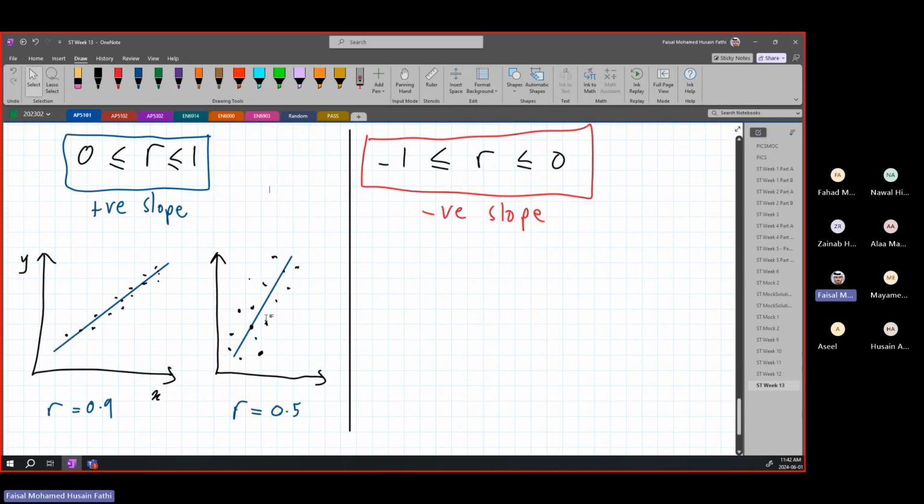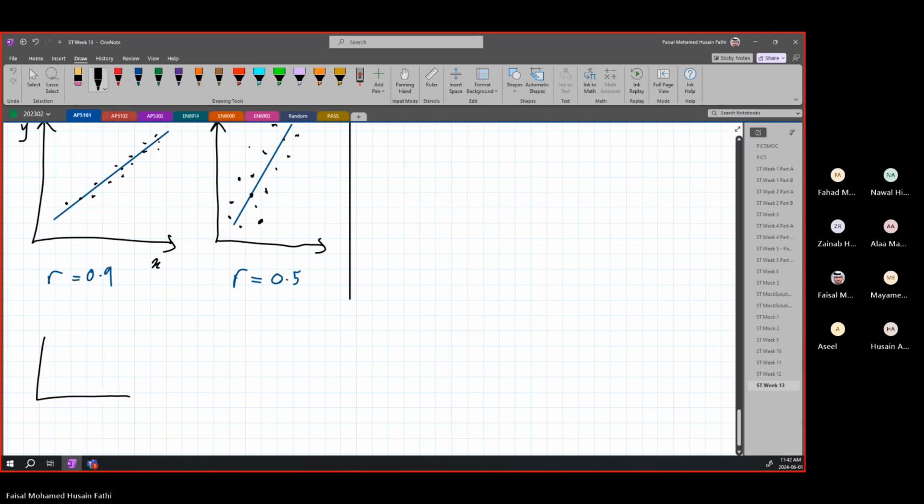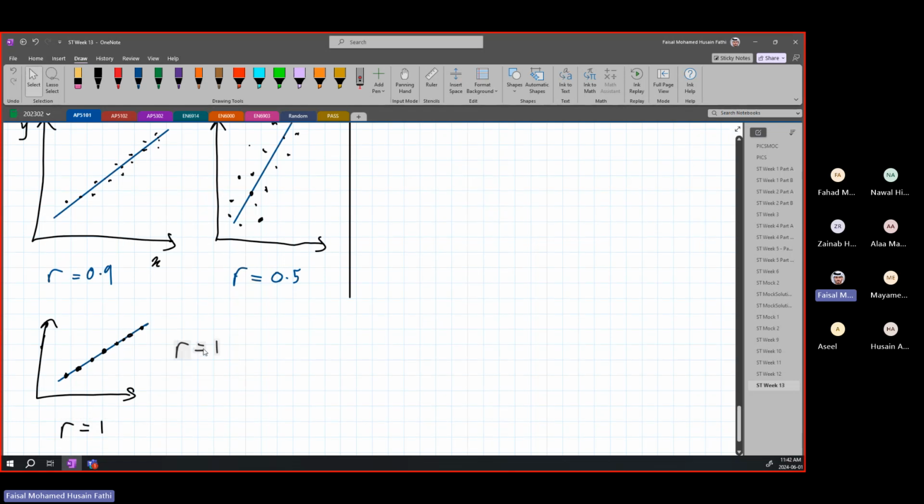For R equal 1, let me actually draw this. This is what R equal to 1 will look like. The points are exactly on the line. This is what is meant by R equal to 1.